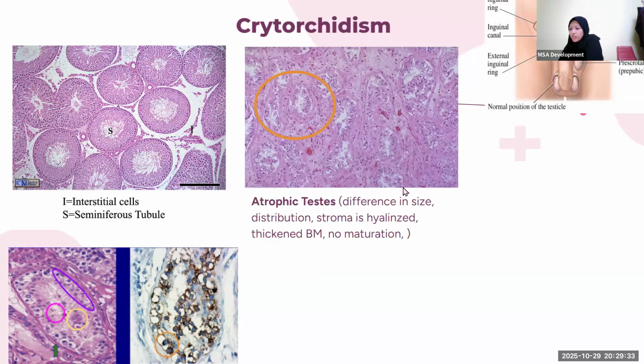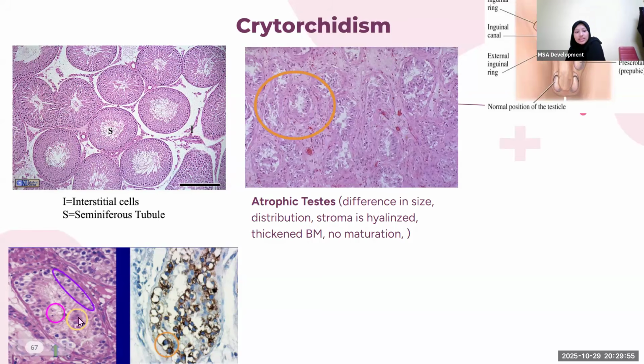That's why it's important to know the difference in histology between these two. So this undescent can predispose again to tumors. Because it is in an abnormal place and being atrophied, it will cause abnormal cells to grow.